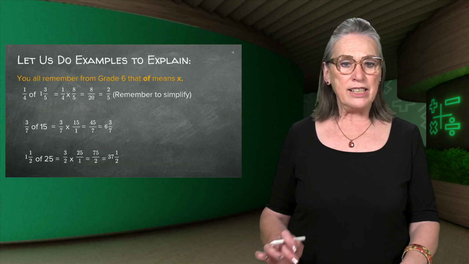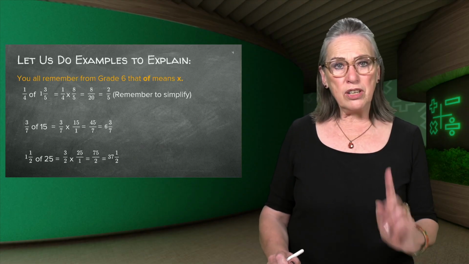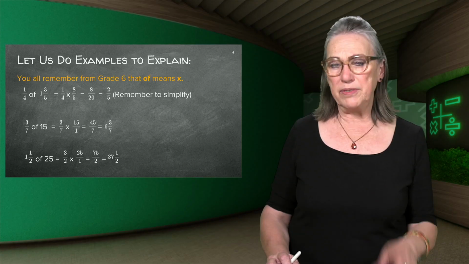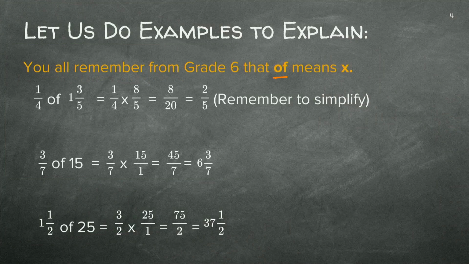Okay, let's do a few examples. So you also remember from grade 6, and we've done it in the previous lesson as well, that when you say "of", it actually means multiply. So they say a quarter of 1 and 3/5, if that is what they ask you to calculate. So you know that they actually ask you a quarter times.